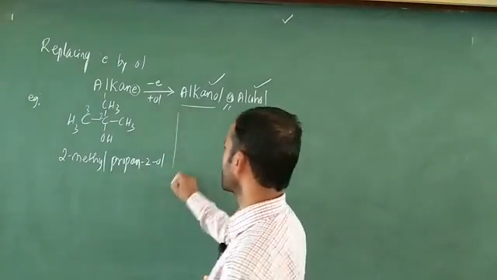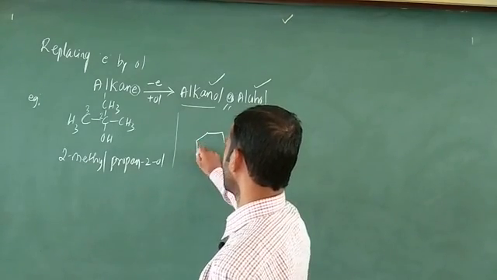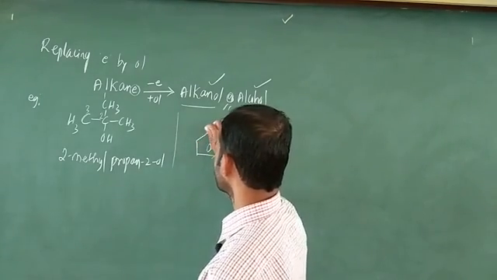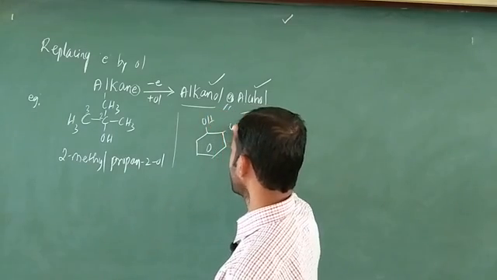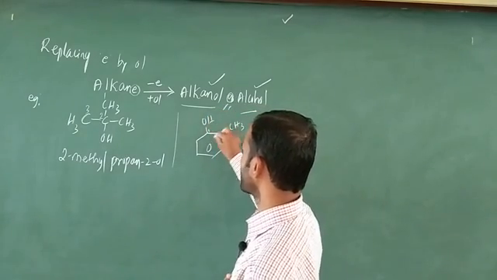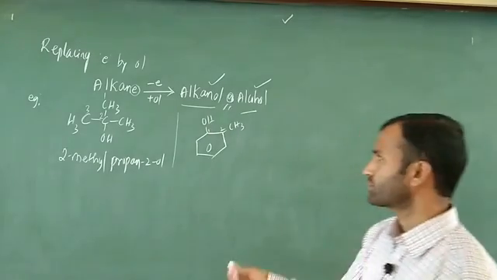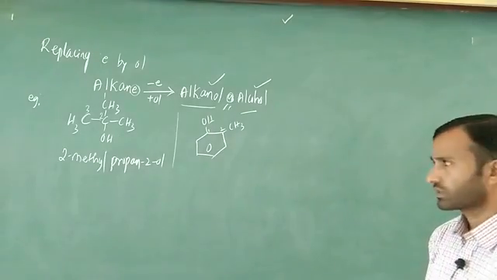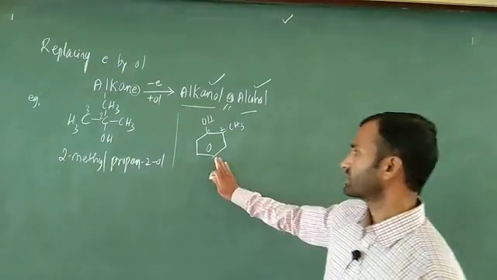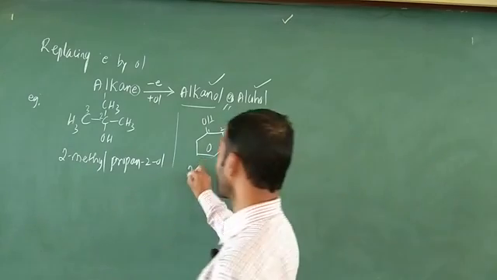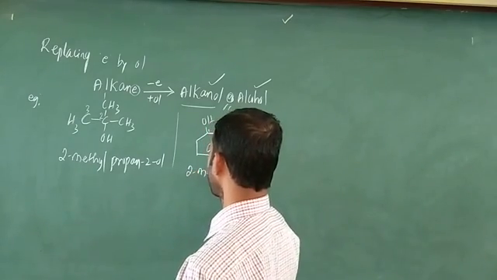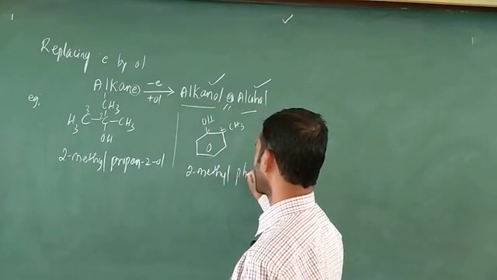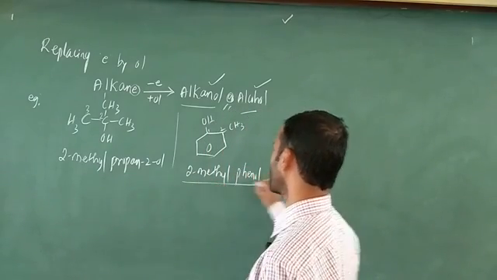Next I am going to consider another example. OH is there. Here CH3 is there. In this case numbering 1, this is numbering 2, because the OH group acts as the functional group. The IUPAC name is 2-methyl phenol. Do not write alcohol because phenol is there, so 2-methyl phenol.